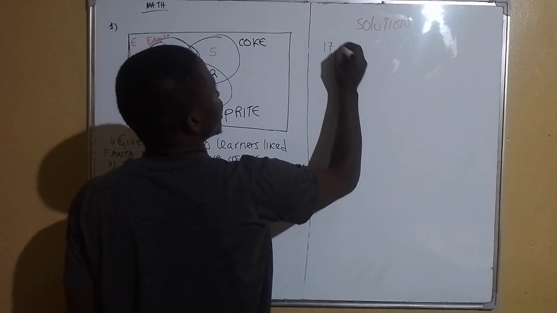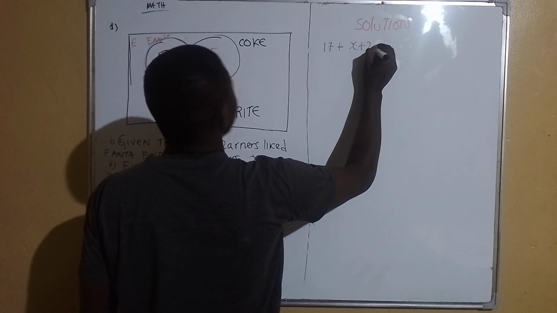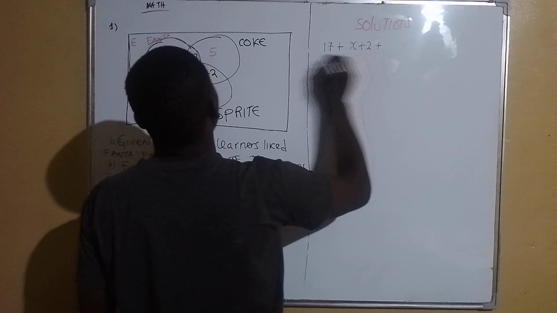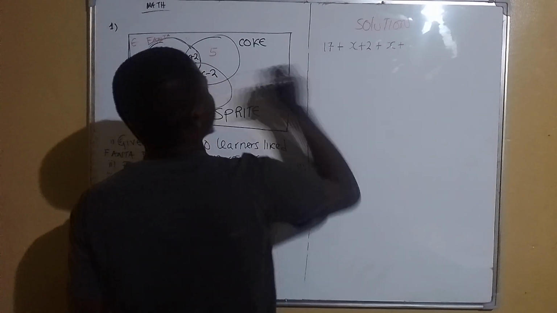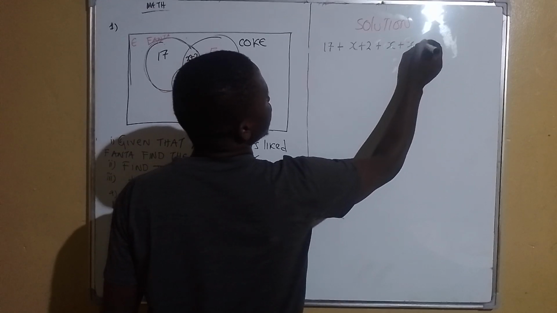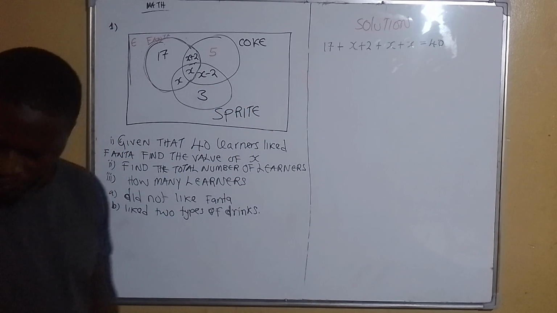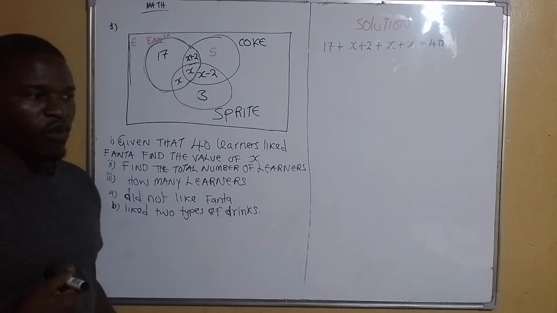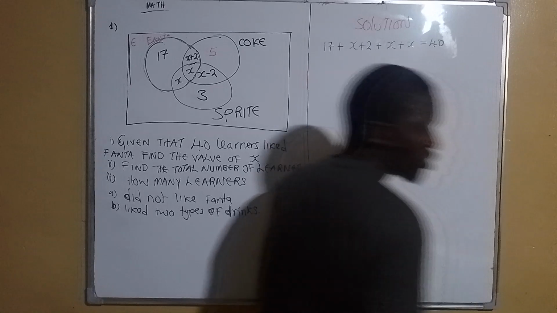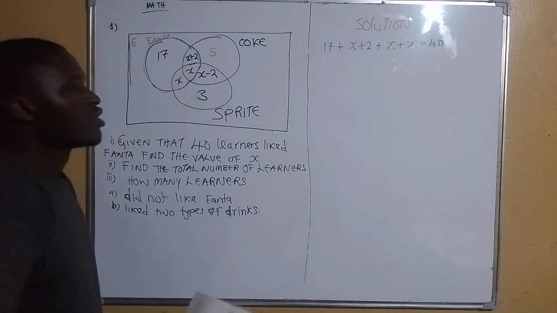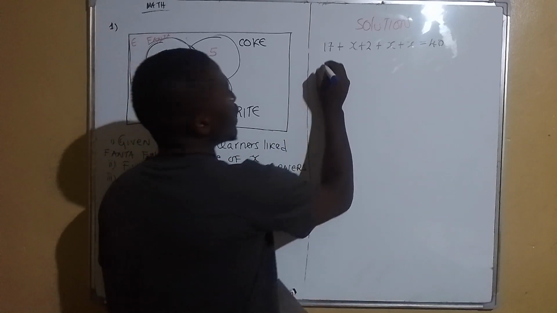So we are going to have 17 plus X plus 2 plus X plus X is equal to 40. So what do we do when you have such a scenario? You group like terms.